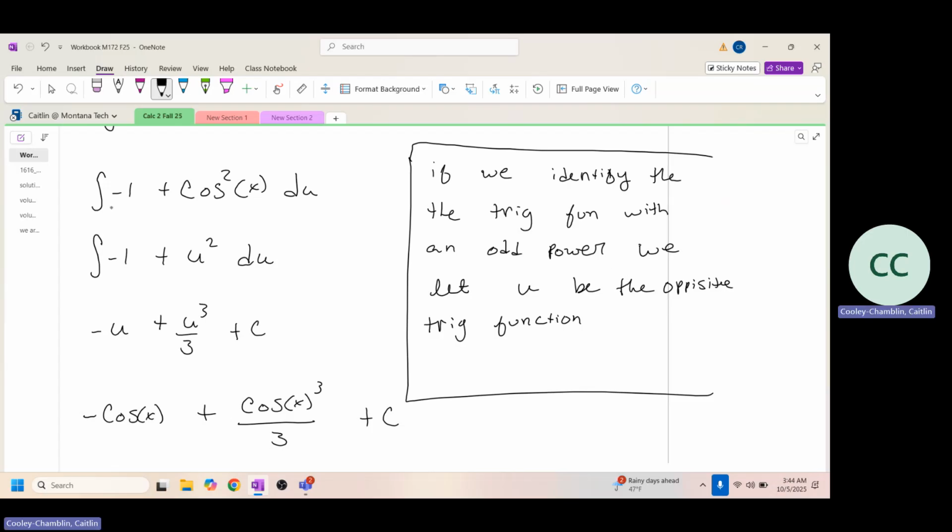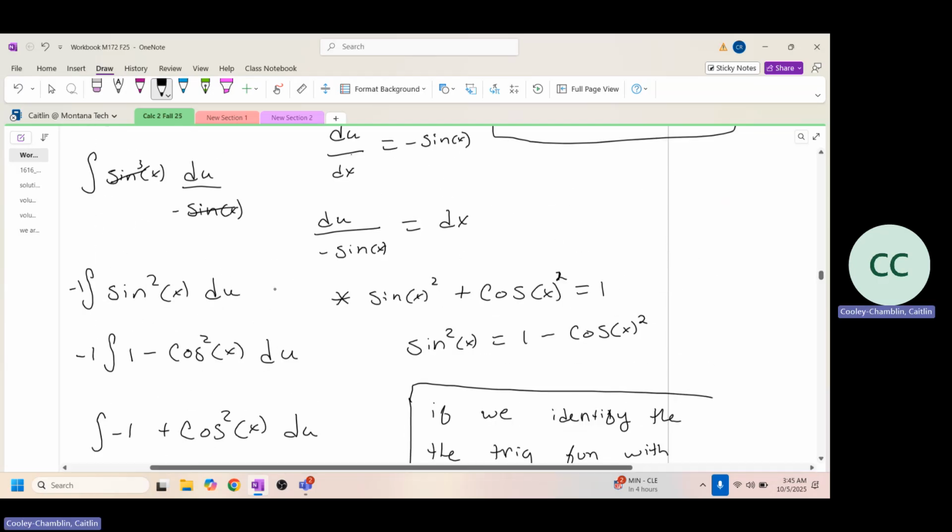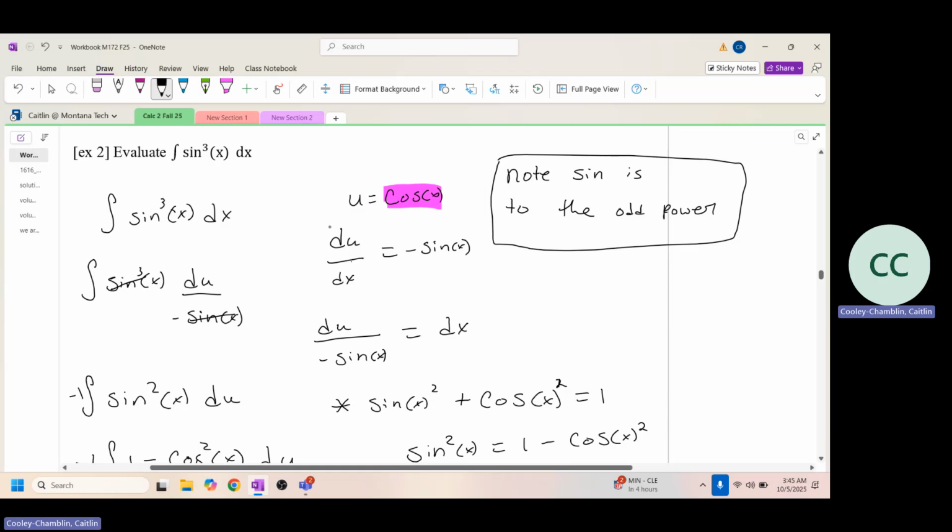What happens is one of the odd powered functions will cancel out and it will become even, and we can use that identity of sine squared x plus cosine squared x equals 1 to transform our even function into terms of u.